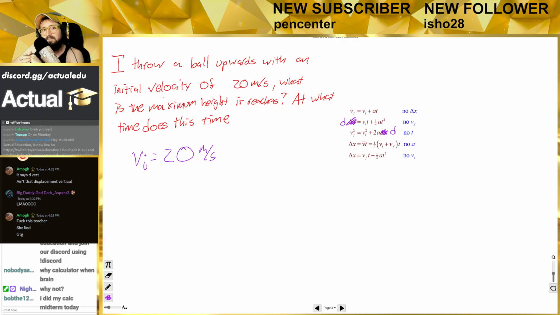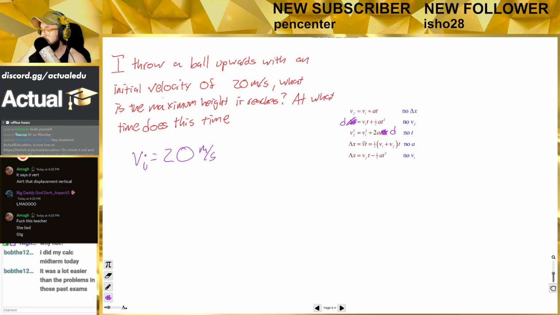So we know that the time and the final velocity are unknown. Or actually, I think the final velocity is just 0 because that's its max height, right? Yeah, you're right. This is where the physics comes in.